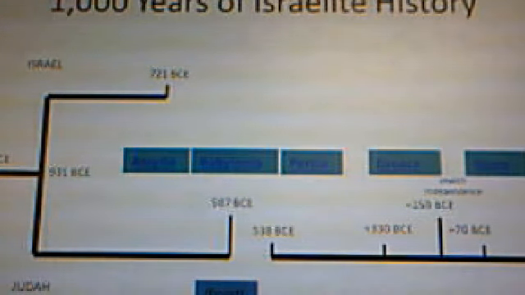There will be a brief period of Jewish independence, and then after some infighting among the ruling families, the Romans will step in about 70 years before Jesus and establish their control of Palestine as well. And again, each of these empires does something different in Jewish history, and each has their own way of running an empire. Okay, so quick little recap.